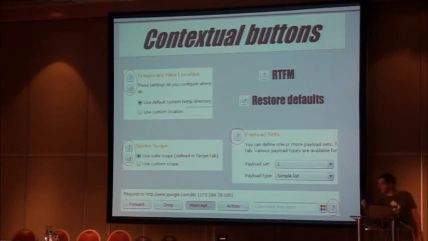Contextual buttons. Everywhere in the application, you have two kinds of buttons. This one is documentation, this one is restore default, and they are contextual. If you click here, you will have only the documentation related to temporary file location. And if you click here, you will only reset to the default value the configuration option of this part.